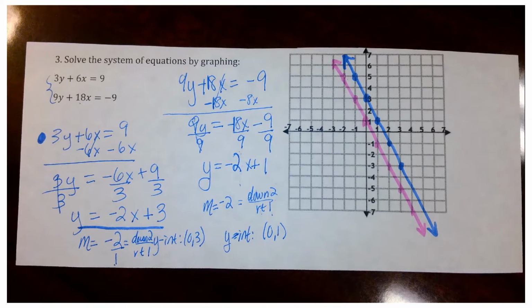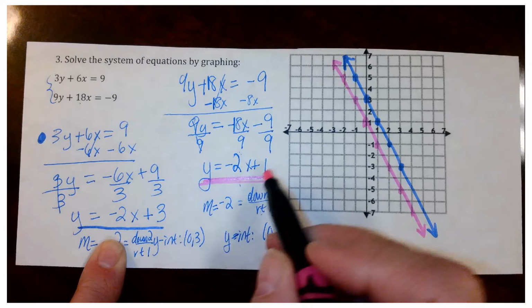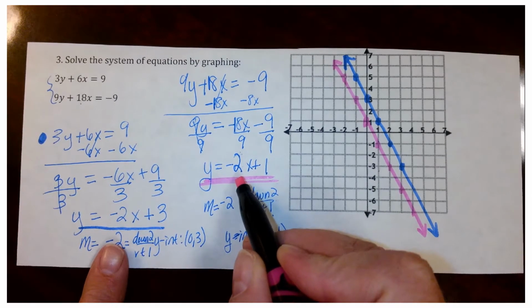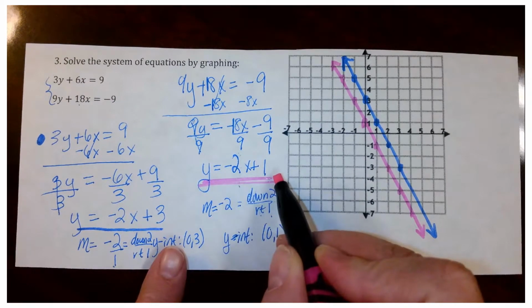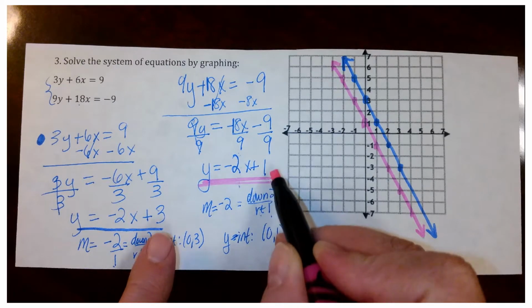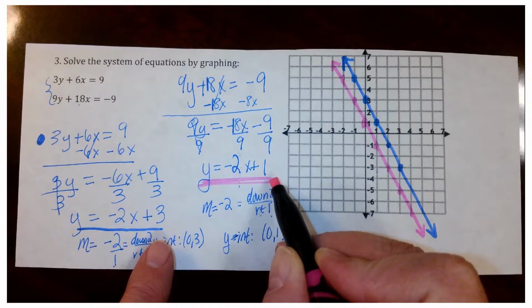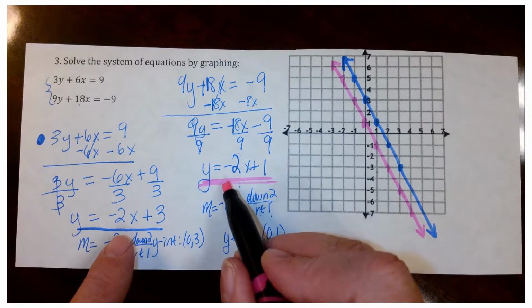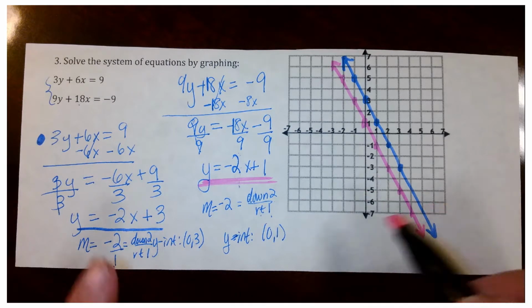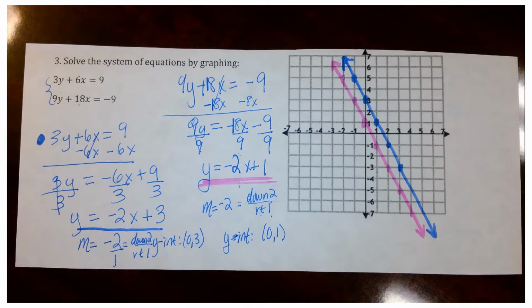And we would notice that here when you're looking at this equation with a slope of negative 2 and this equation also with a slope of negative 2, but different y-intercepts. So if those y-intercepts were the same, you would have the same line, and that would be a whole different type of answer. Here, same slopes, we know are parallel lines, and because they have different y-intercepts.